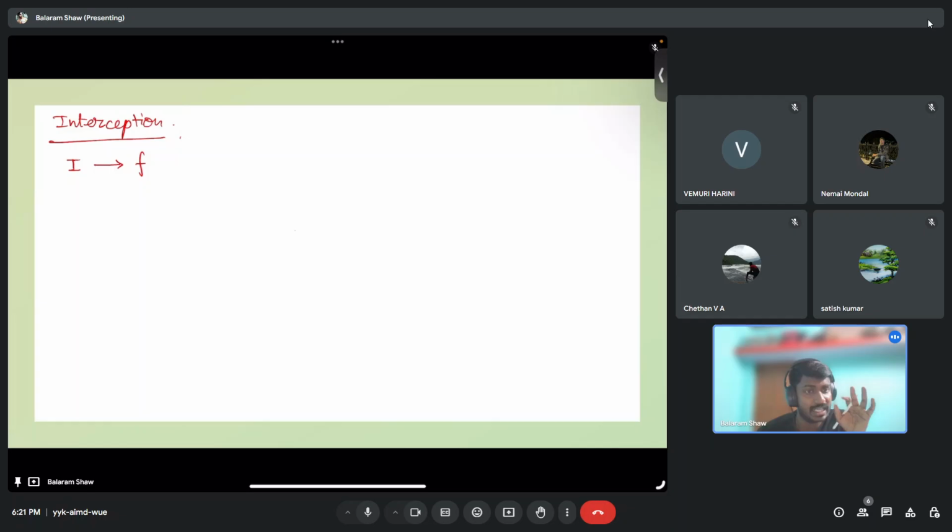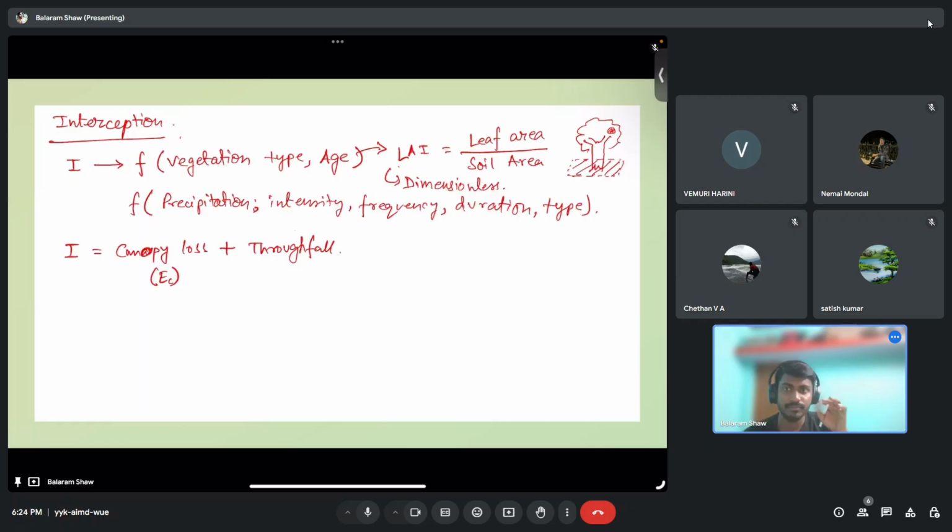So the amount of water that is intercepted by the crown of the vegetation is called canopy loss. Okay. Then through fall: some water will get evaporated from the leaves and some water will fall from the leaves. That fall that is happening is called through fall.